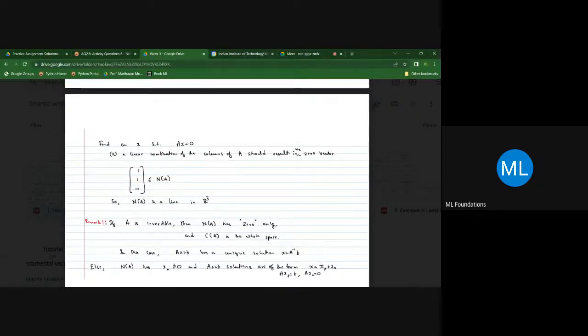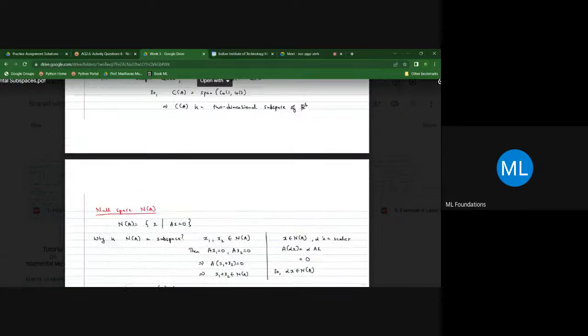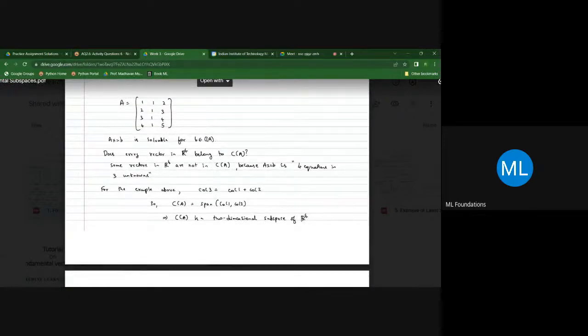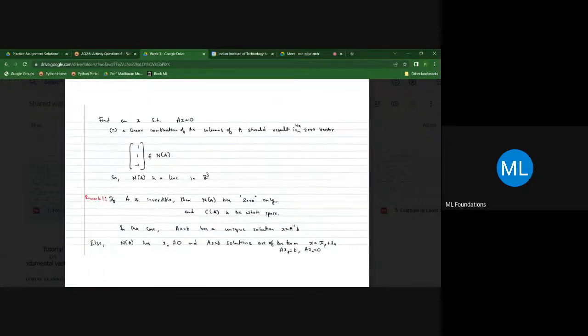Except for the zero vector, there are no other vectors in the null space of A. And the column space of A is the whole space. Before, we said that some vectors in R4 are not in the column space of A. But if A is invertible, all the vectors in R4 can be represented by the column space of A. If A is invertible, keep that in mind. Am I making sense here?